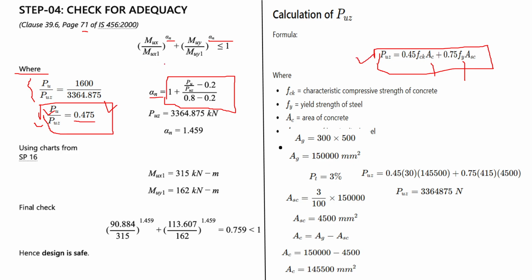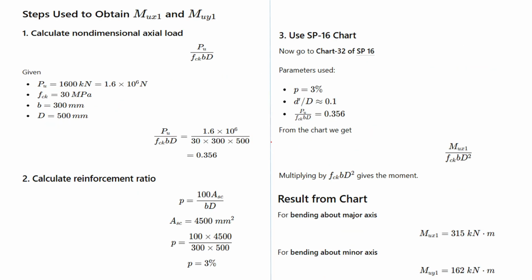And MUX1 and MUY1, how will you get them? In SP-16, chart number 32, I will go and find out the MUX1 and MUY1 corresponding to that value.